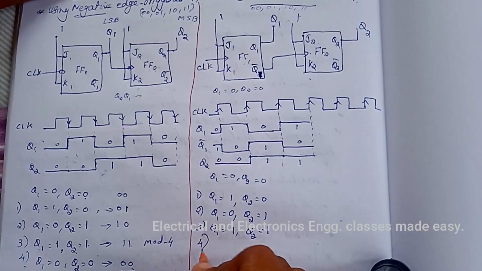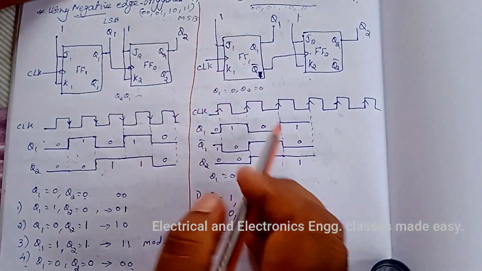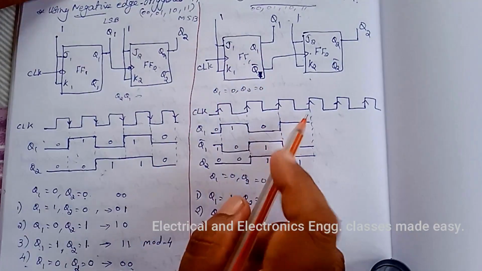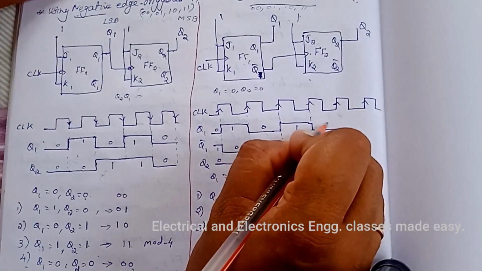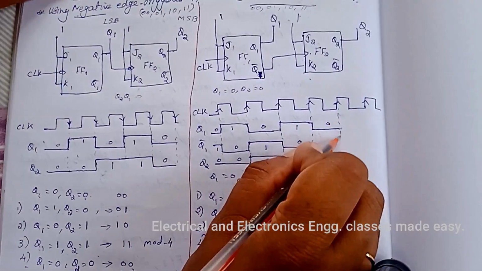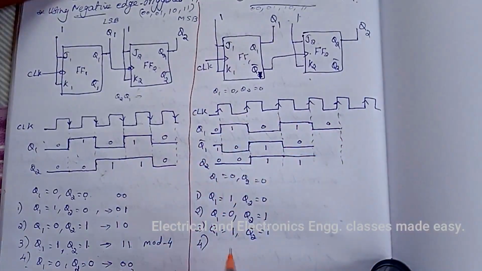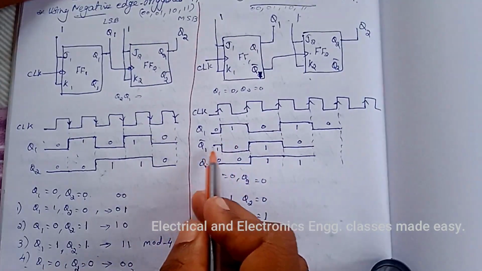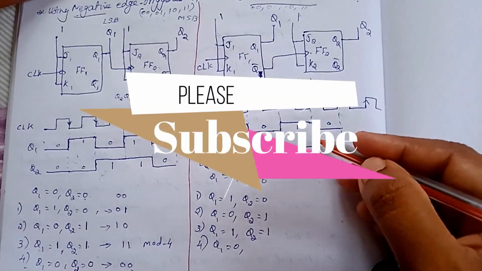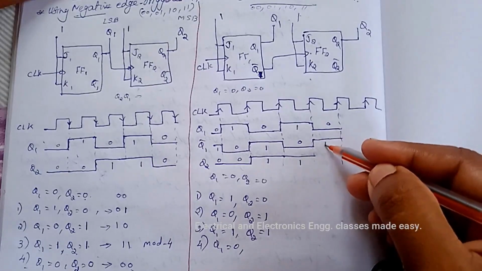Then after the fourth clock pulse, Q1 again toggles at the positive going edge, that is it will become 0 up to the next positive going edge of the clock pulse. So Q1 becomes 0. When Q1 becomes 0, Q1 bar is 1.